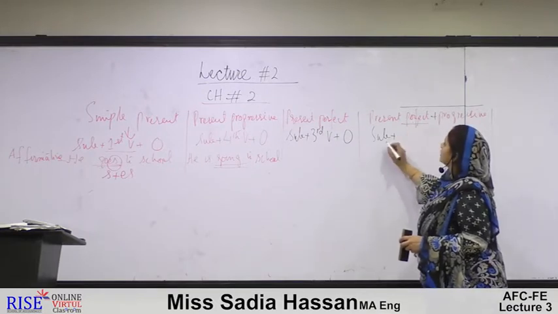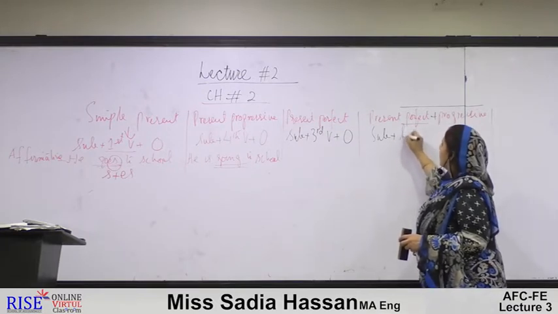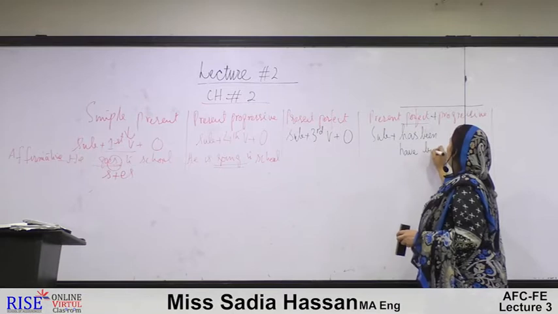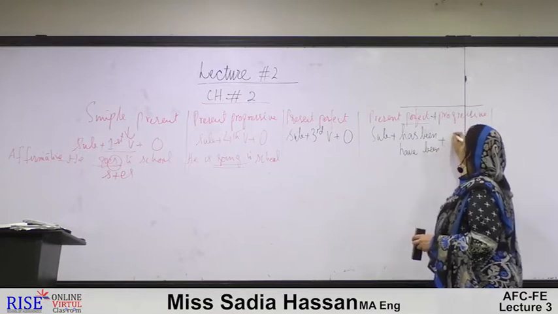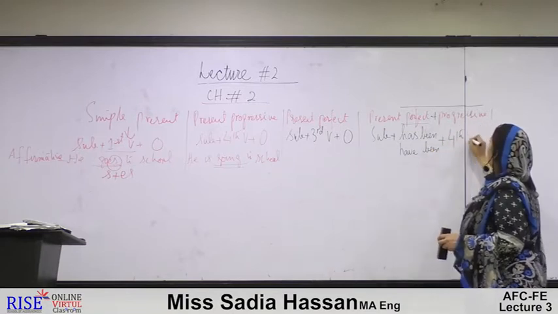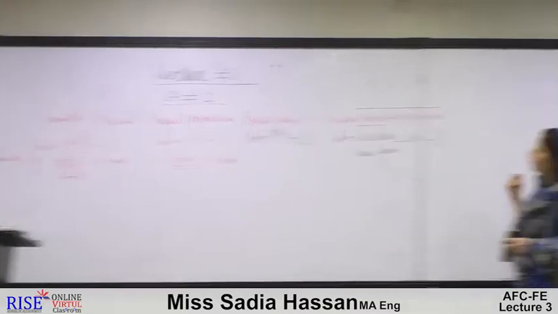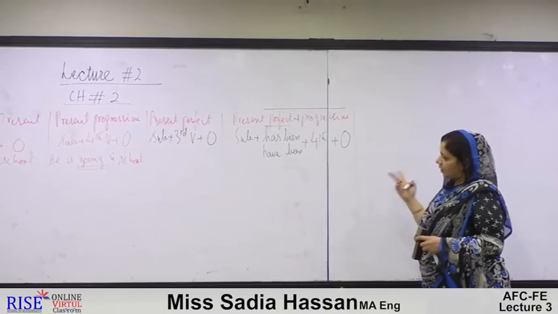Number one is subject plus has been or have been plus fourth verb form and then object. This is actually the structural formula of present perfect progressive.